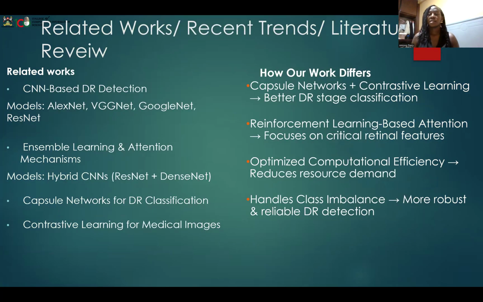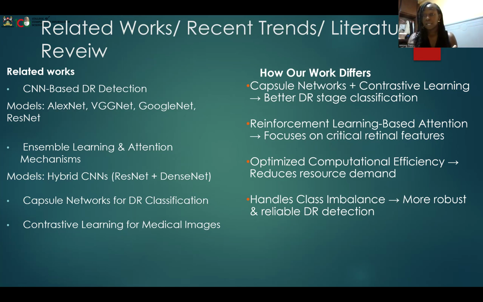So now, some of the related works, or the literature review. Some of the related works that we see here is the CNN-based DR detection. So we have examples of the models. What that model was meant to do is learn features from the retinal images through convolutional layers.